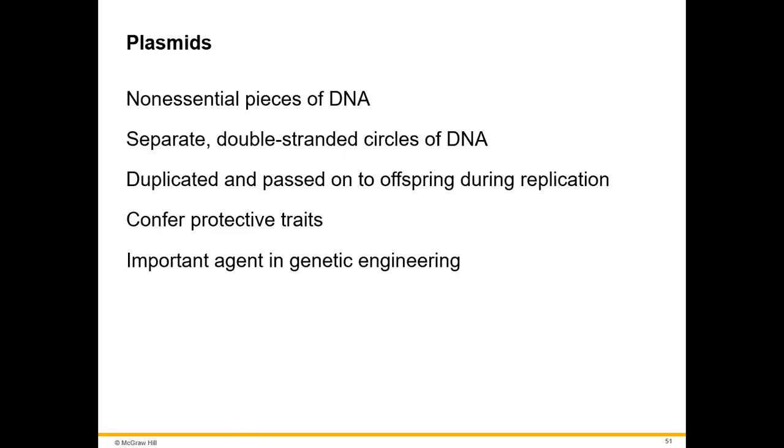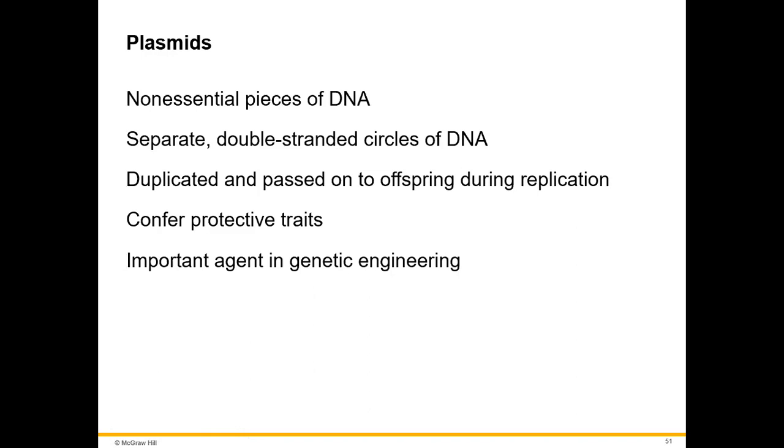Bacteria have a unique form of DNA outside of the chromosome called plasmids. These are non-essential, so the bacteria does not need a plasmid to grow and reproduce. Yes, they are small pieces of DNA, separate double-stranded little circles of DNA, but they play an important role in virulence.